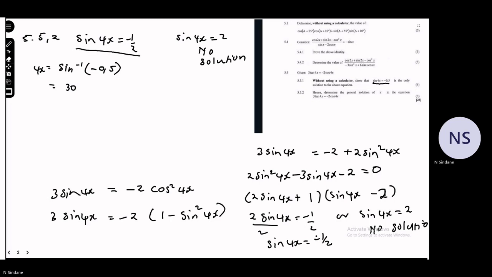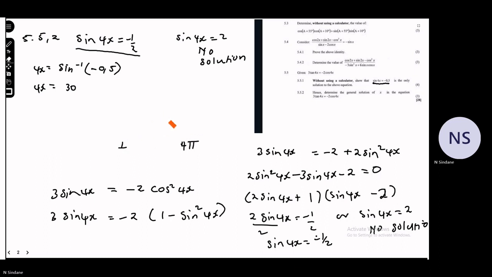So where will our solution lie? If I draw my CAST diagram, I'm looking for a negative sign. A negative sign is in the third quadrant and the fourth quadrant. That is where I'll find my solutions.